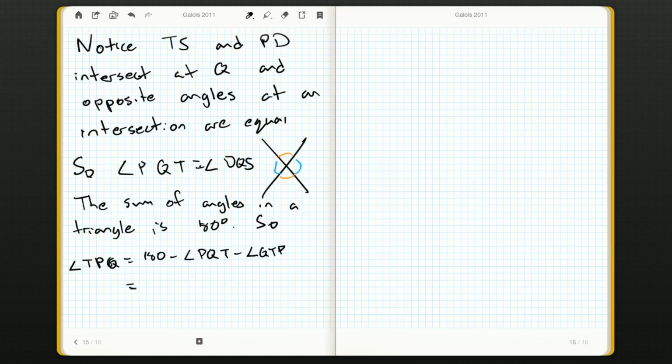QTP. But of course, we just got through showing that PQT was the same as DQS. And we already noted that QTP is 90, and so is QSD. But those are the other angles in the triangle DPQ or DQS. So the remaining angle, which is SDQ, must be equal to the angle we started off with, TPQ.